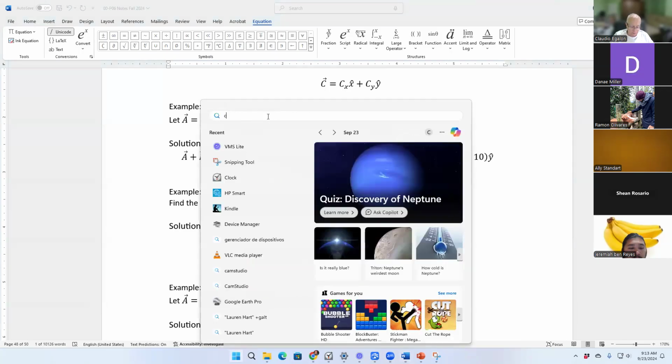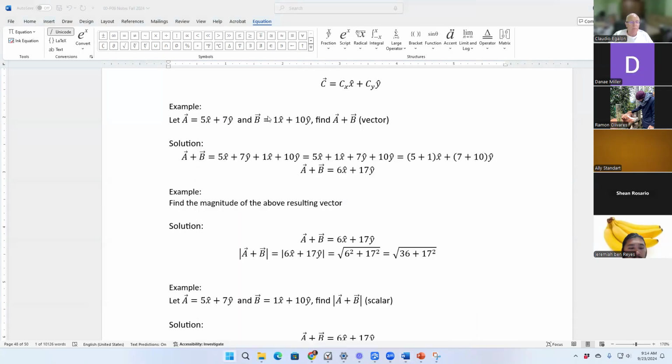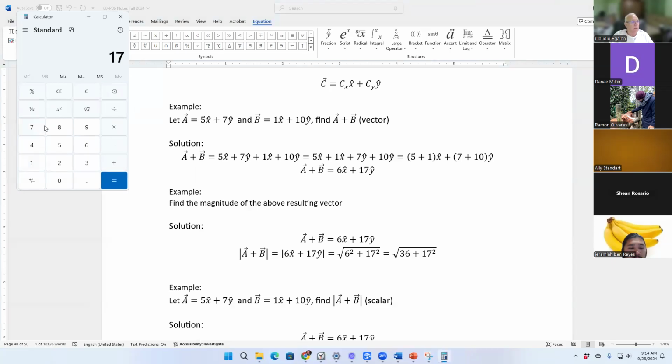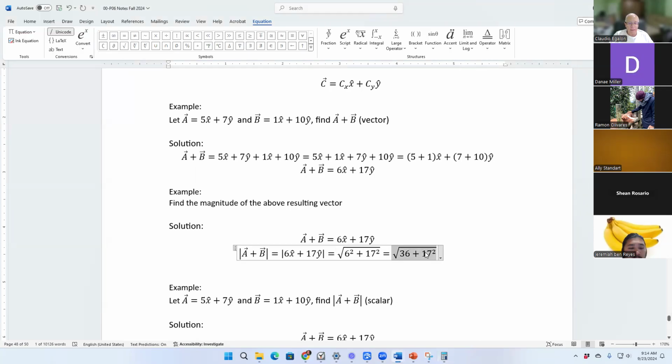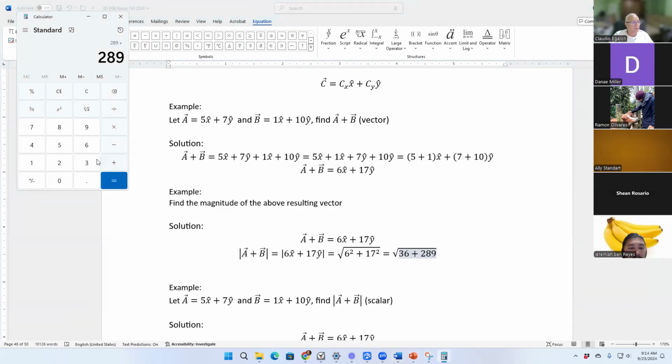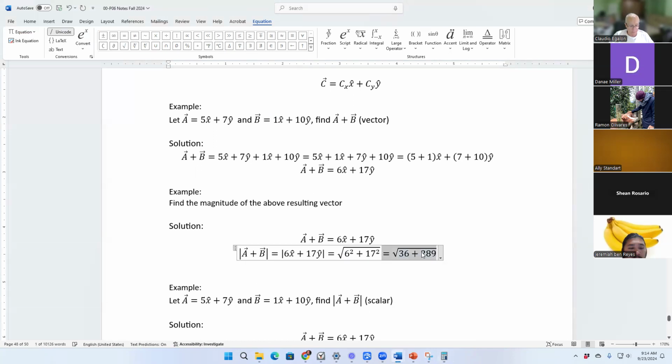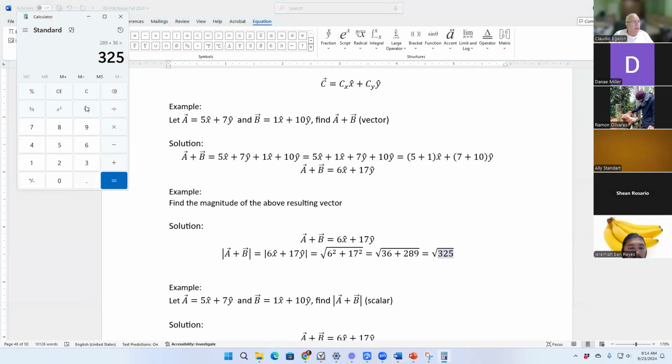Let's get the calculator here. 17 times 17, 289. And then we want 289 plus 36, 325. And then we have to take the square root of this value.